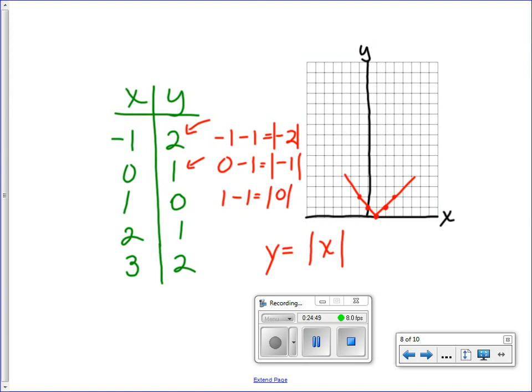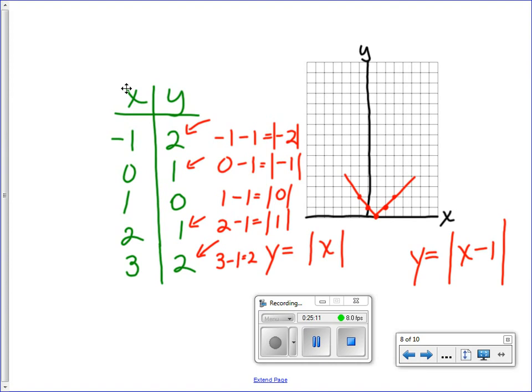The absolute value of 0, of course, is 0. Starting with my x, 2 minus 1 is 1, and its absolute value is 1. And 3 minus 1 is 2, and its absolute value is 2. So my equation, you will see, becomes x minus 1, and the absolute value of that will give you y.